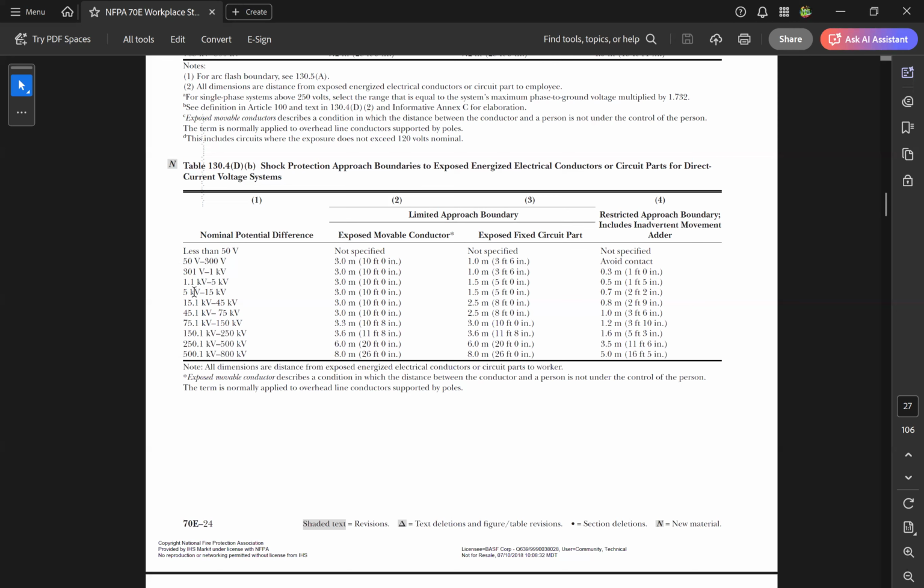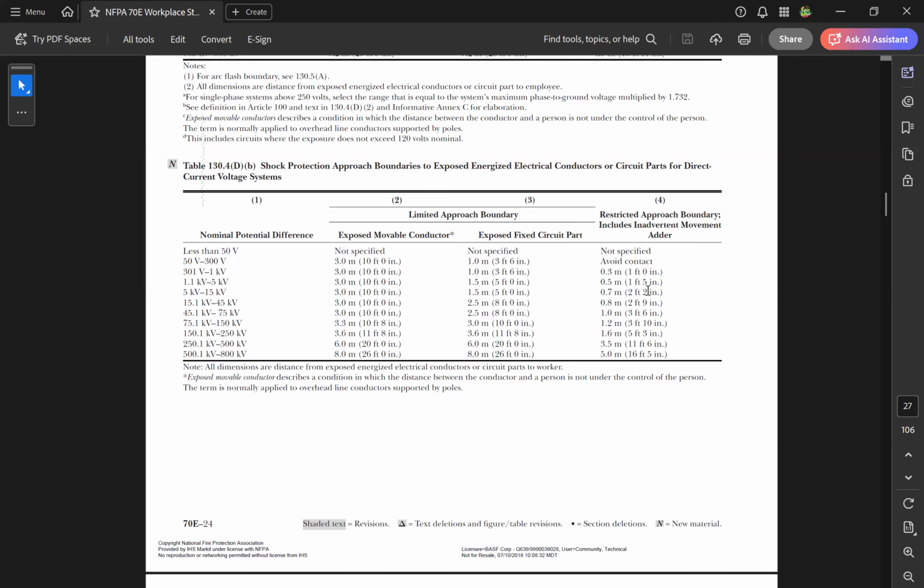And as you can see, if we're looking at some voltage between 50 volts and 300 volts, for example, if you go over to this limited approach column, it's 3 feet 6 inches. Restricted approach, it just says to avoid contact. So you could be wearing PPE rated for that category based on your arc flash label, and you want to avoid contact there.